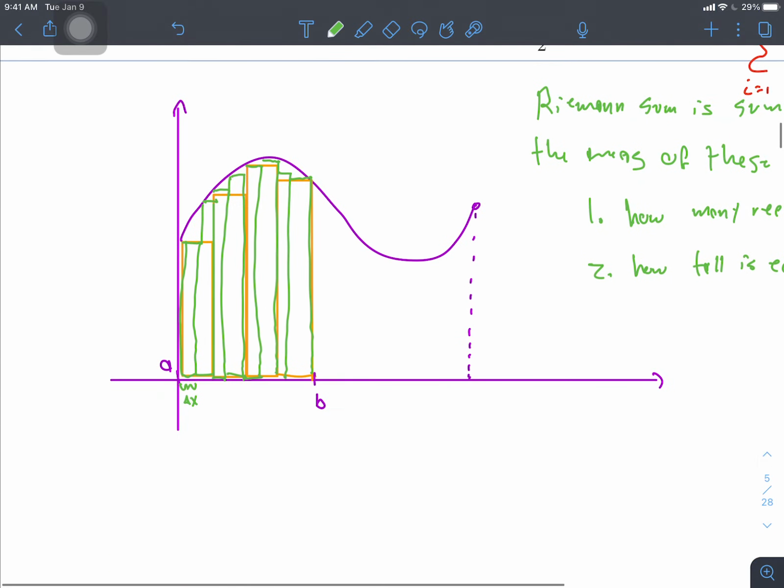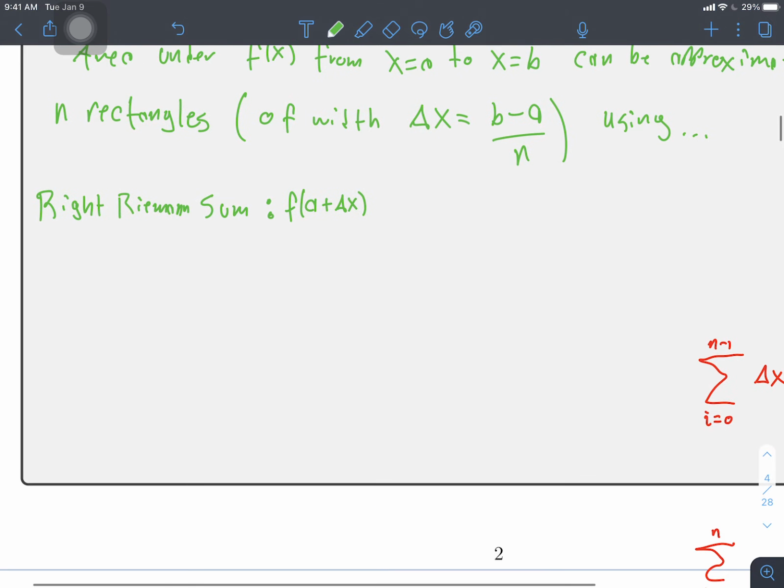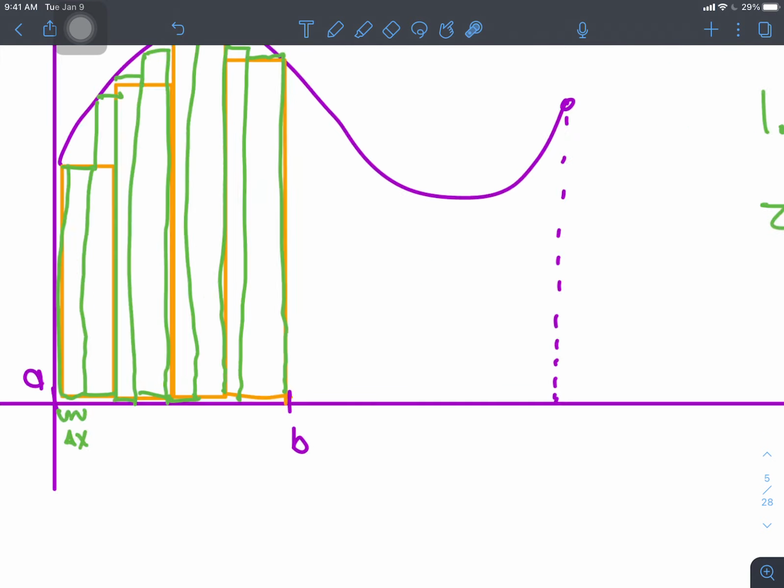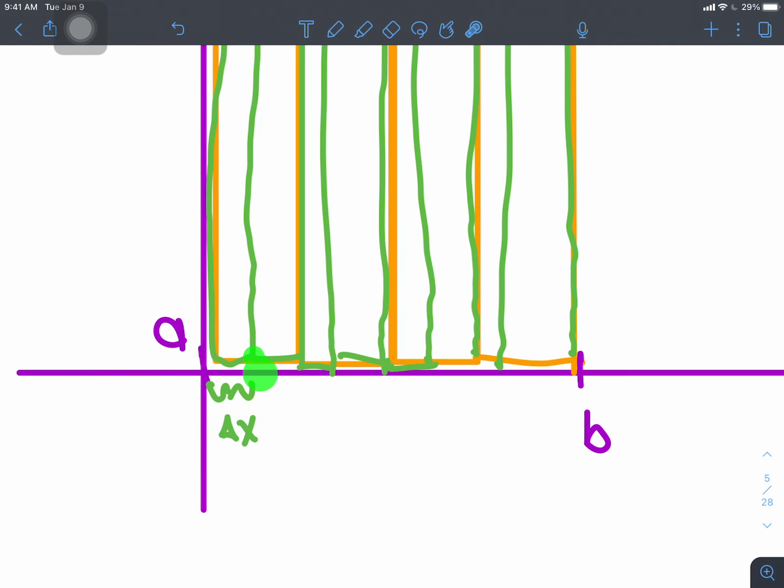And what is the width of that rectangle? The width of it is just delta x. So we take f of a plus delta x times delta x, and then we plus, and then the next rectangle is the interval which goes from a plus delta x to a plus 2 delta x.